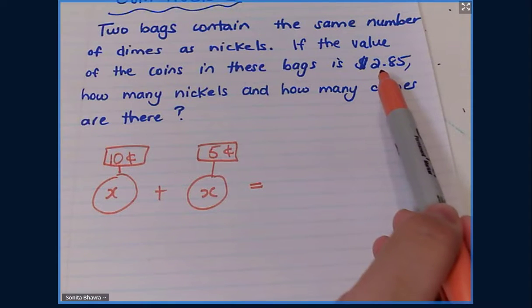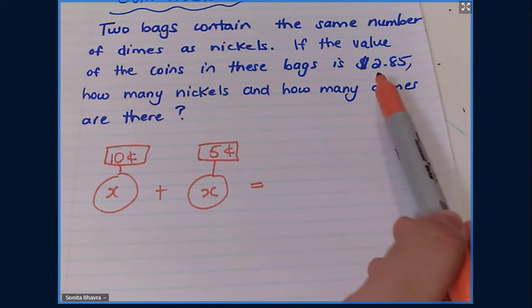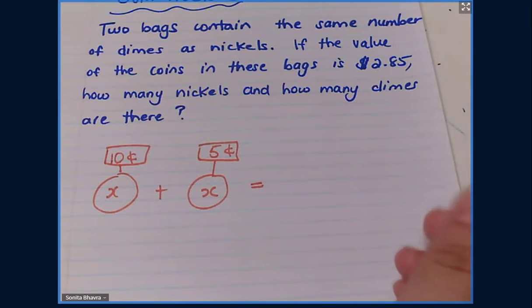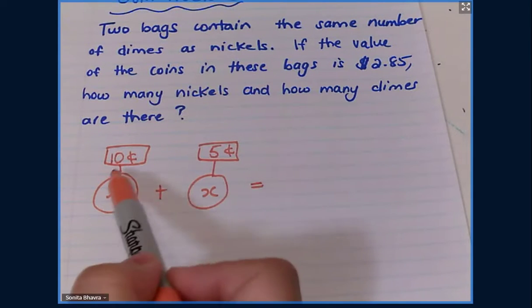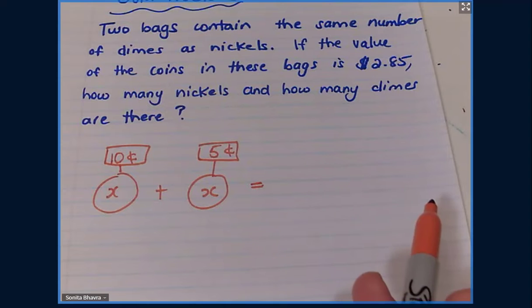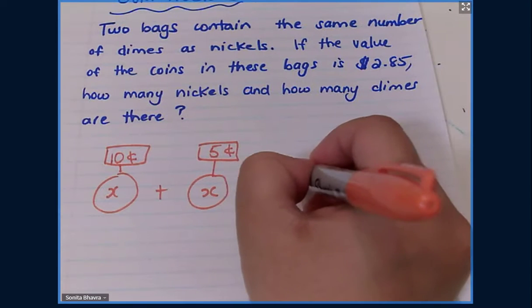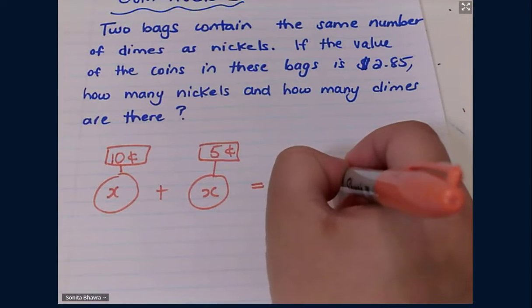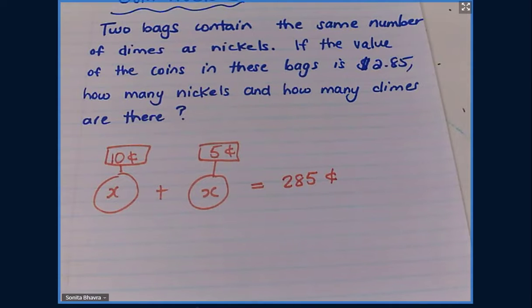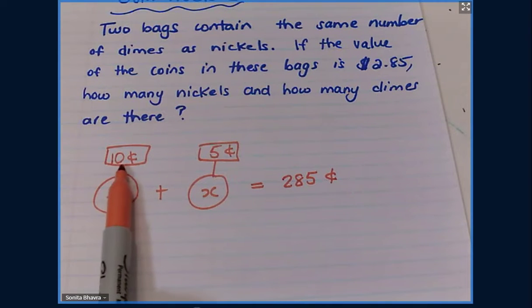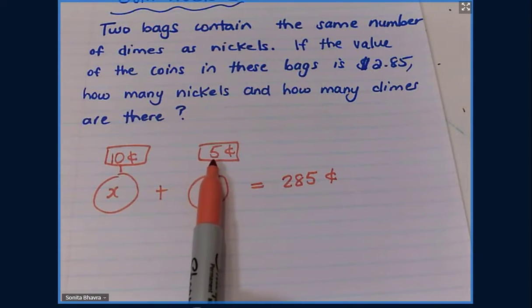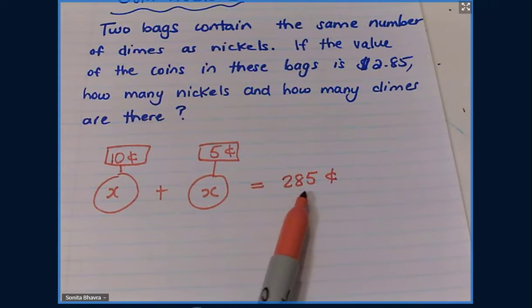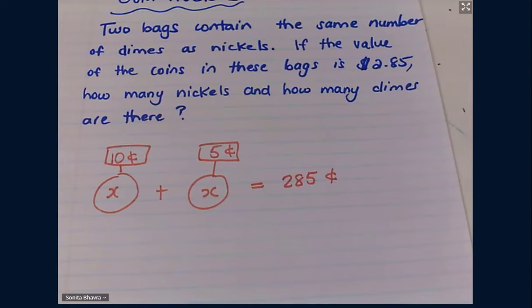So instead of using decimals, we'll just use a total of 285 cents. That way we have cents, cents, and then cents here as well, and we're using whole numbers. You can use the decimal values if you want, but then you would have to use 0.10 here, 0.05, and then 2.85. All right, so there is our diagram.